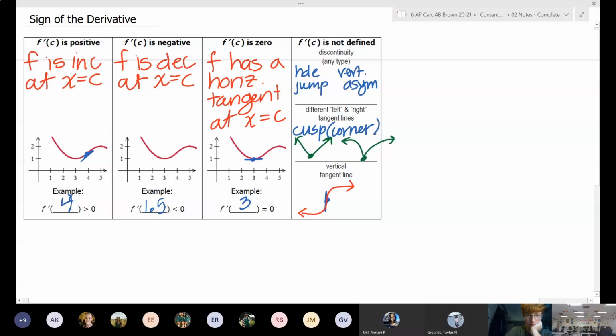And I think that makes sense because back in Algebra 1, you learned that a vertical line had an undefined slope. Well, if we say undefined slope, we're also going to say that the derivative is not defined either because the derivative is just the fancy way of saying slope. Questions on that slide? That's definitely the most important one we have to look at.